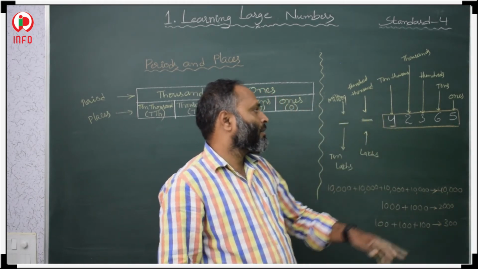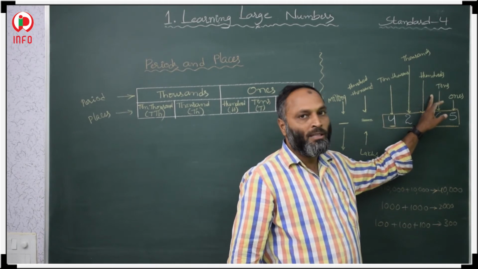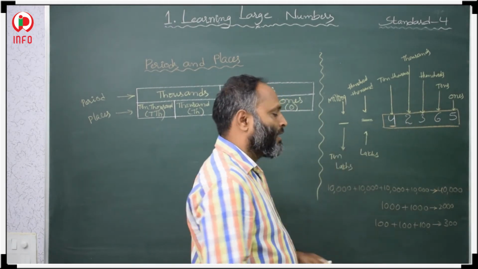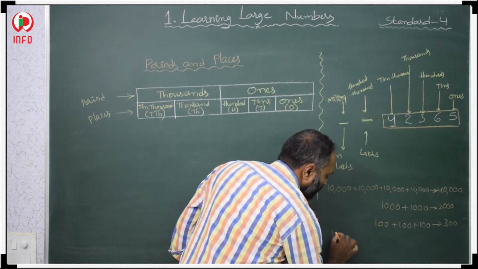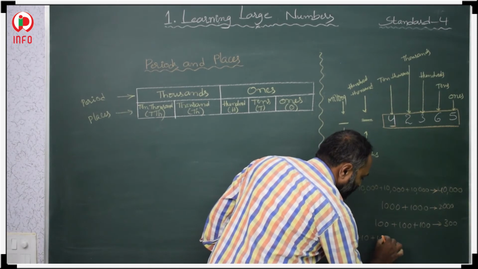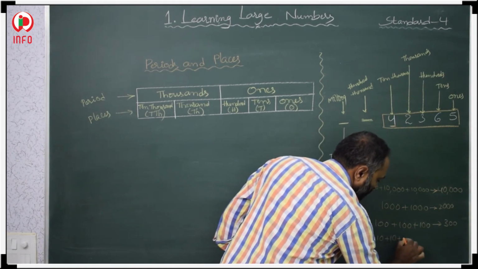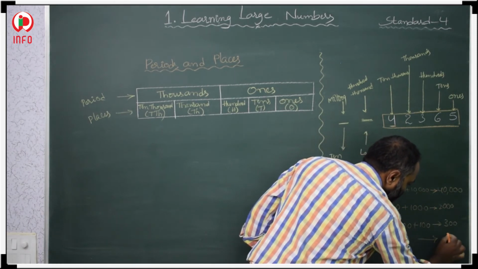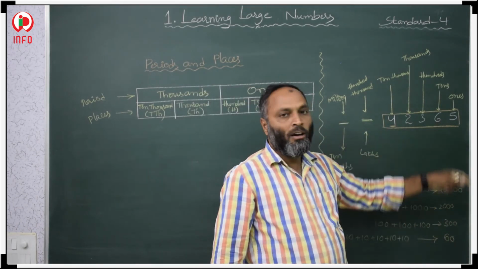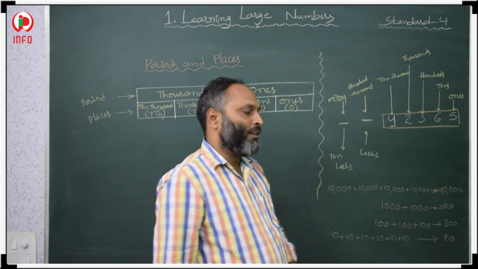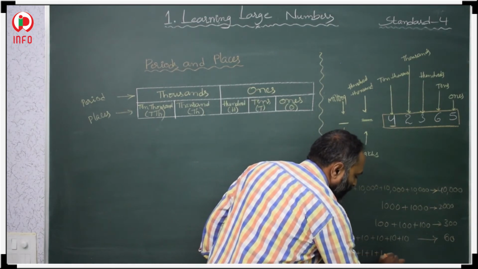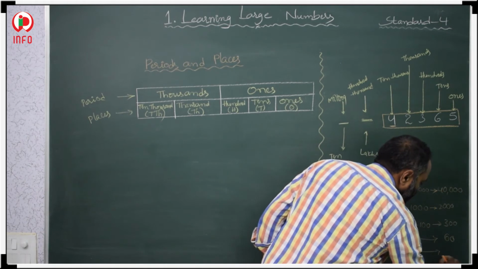Then 6 is in the tens place, so we have to write 6 tens: 10 plus 10 plus 10 plus 10 plus 10 plus 10, which gives 60. Then 5 is in the ones place. We have to write 1 five times: 1 plus 1 plus 1 plus 1 plus 1, which gives 5.